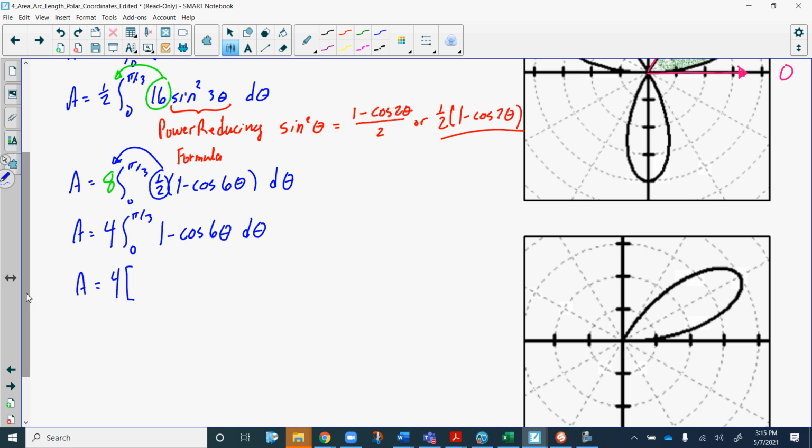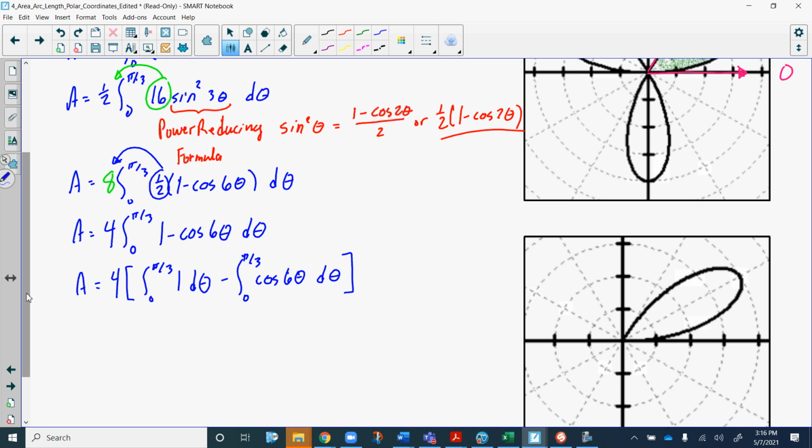I can say the definite integral from 0 to pi over 3 of 1 d theta minus the definite integral from 0 to pi over 3 of cosine of 6 theta d theta. And that's going to be a lot easier to do some integration with.